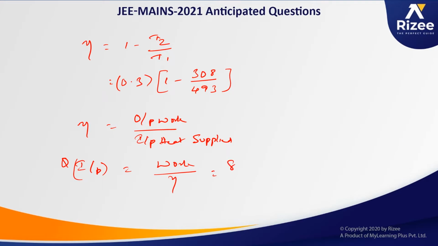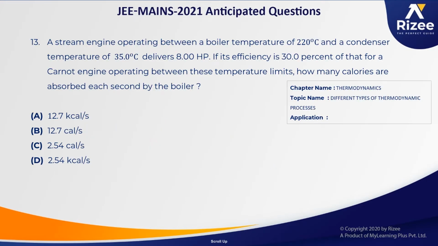So that is 8 HP, that is the power, into converting the HP into watts, 746 please, into 1 calorie by 4.184, convert the calories also please, by this efficiency 0.113. On solving you will be getting it as 12.7 kilocalories per second. So that means it should be kilocalories per second, option A.